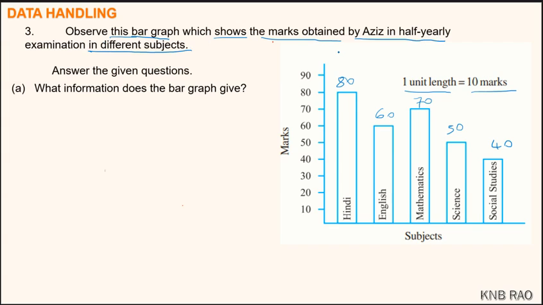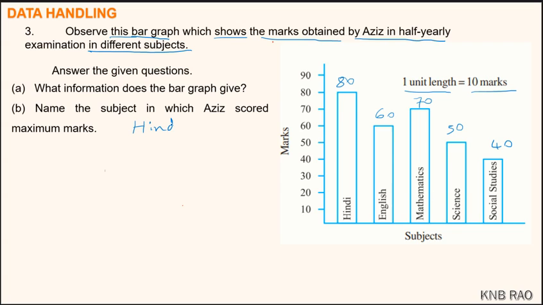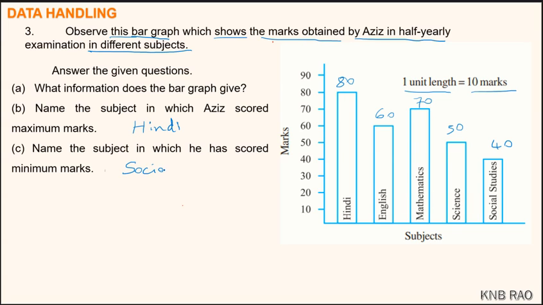By picking up this sentence straight away, we can write the answer to sub question A. Sub question B. Name the subject in which Ajij scored maximum marks. In Hindi he has scored maximum marks. Then coming to question C, name the subject in which he has scored minimum marks. He has scored minimum marks in social studies.